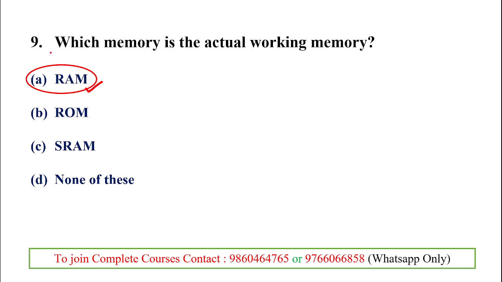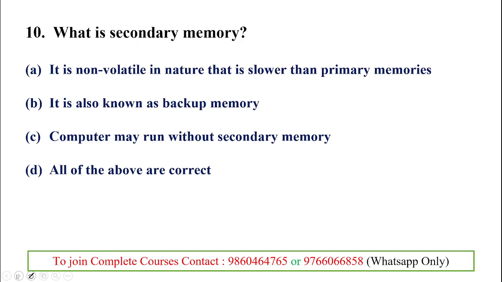There are also many divisions of RAM like SRAM, DRAM, etc. Clear? Without RAM you cannot store anything in the device, and after the power is off, the information stored in the RAM will be destroyed. Clear?